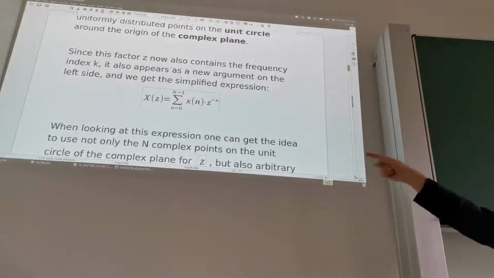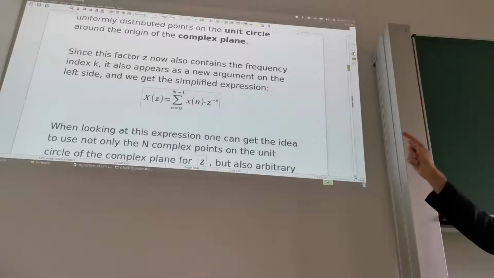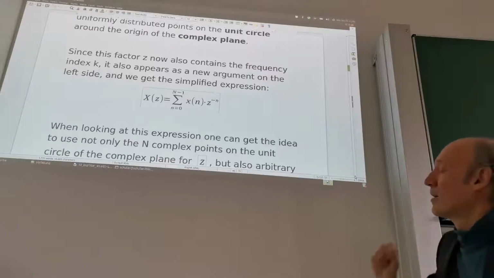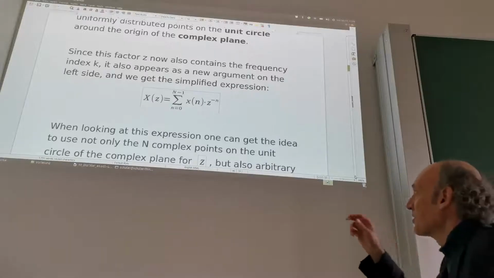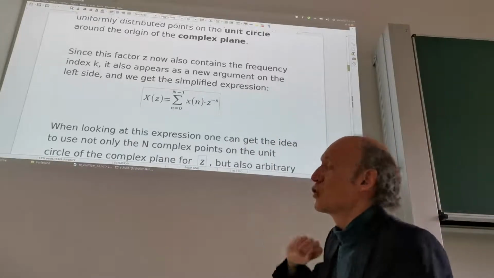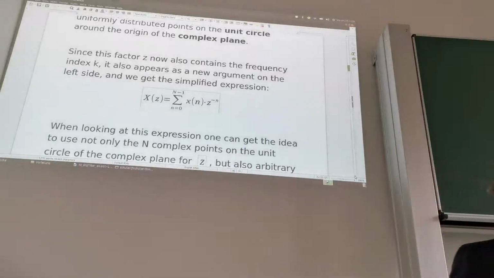So here you can see the negative sign and the n. That's basically everything that we left out from z. Make sense? So this is still the same as the DFT if we choose z accordingly.